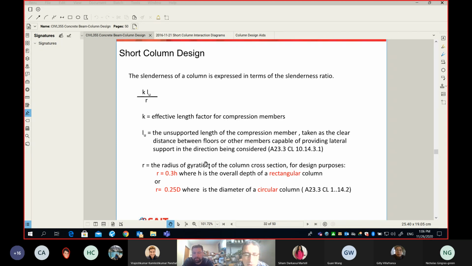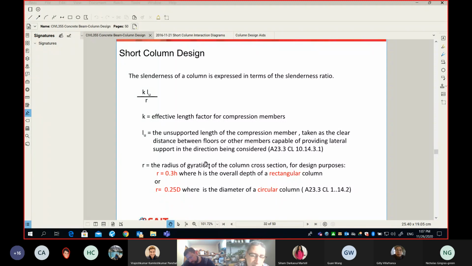One more time, the columns are vertical elements in the building, and the main force acting on those columns is a compression force.